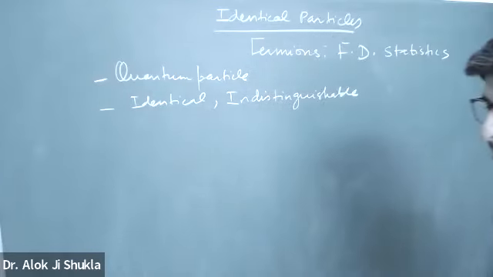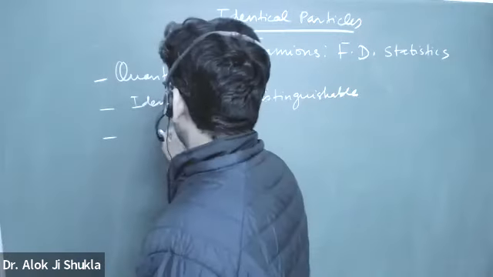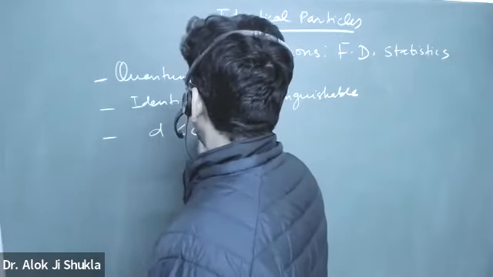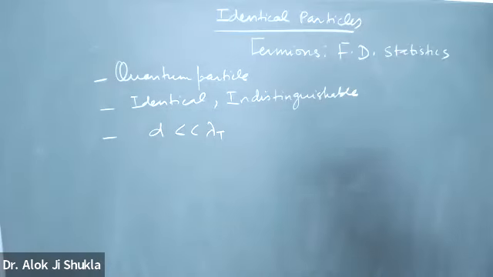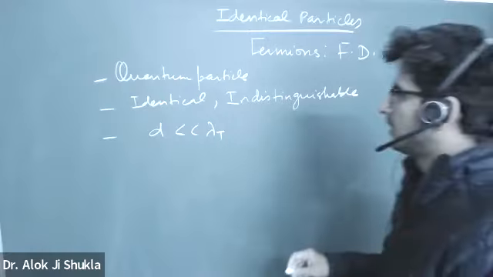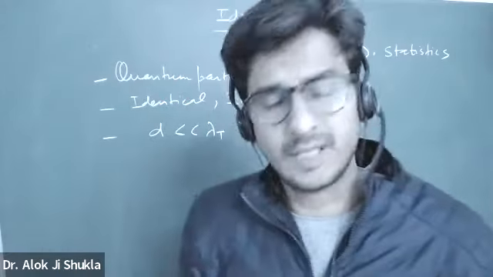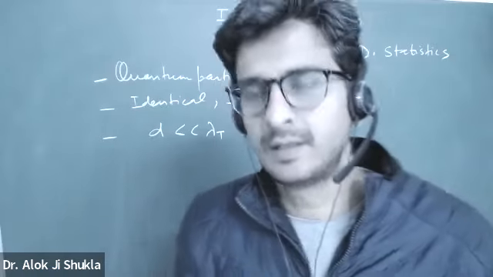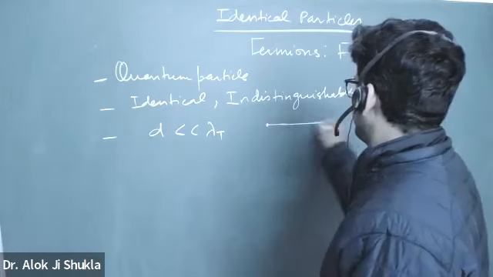Particles will be identical but indistinguishable, and the distance between the two particles will be much smaller than the thermal de Broglie wavelength. So that means there will be overlapping of the wave functions. Then only quantum effects are important. So like you have two particles like this.